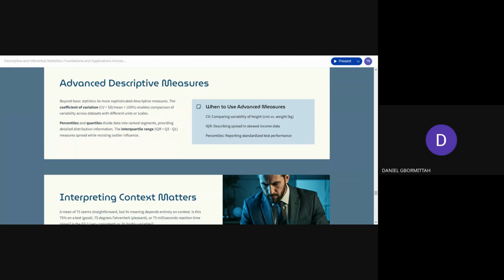All right, so when we come to the descriptive measures, we can also measure the coefficient of variation. The coefficient of variation is simply the standard deviation divided by the mean times 100%. Because it's a PDF, I'm not able to write on it.